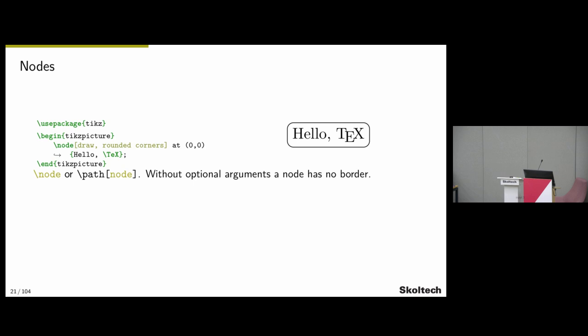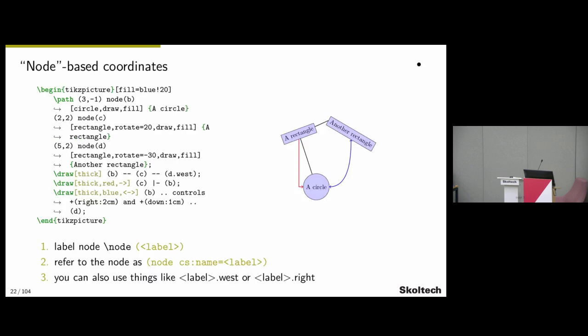Yeah, this is all. Is it clear? Okay. And node is also a part of the giant abstract path command. You will probably use nodes to create graphs, so block schemes. We have an example of a graph on the next slide, and we will also research it using Overleaf.